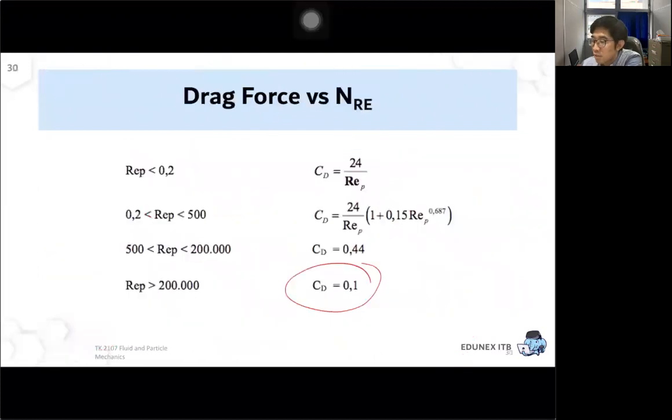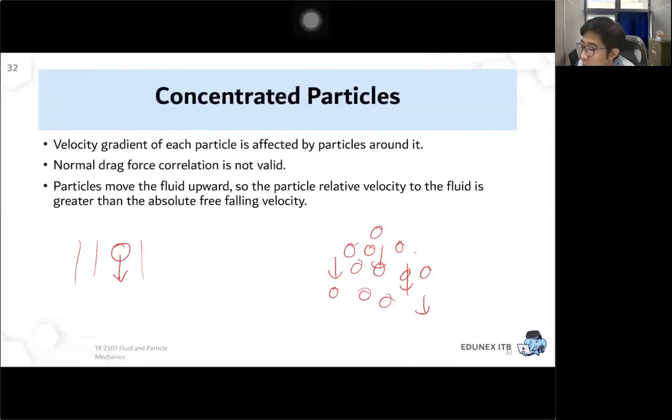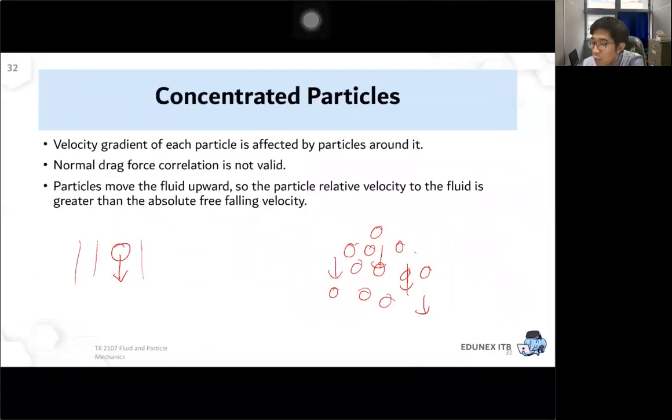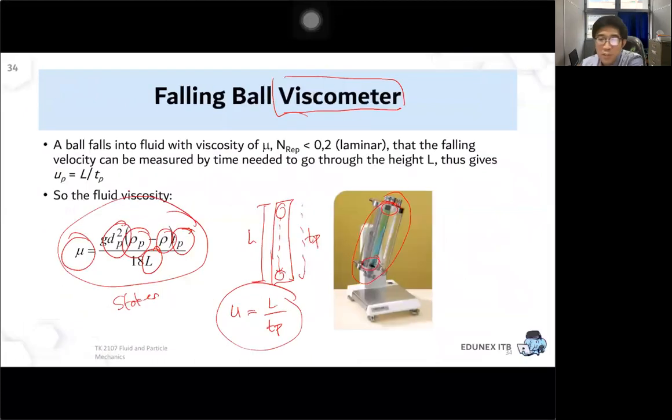Any question? All good so far, sir. The calculation for basic particle flow is only calculating the terminal velocity, or you calculate the viscosity of the liquid by using the principle of the viscometers. Just any of these two.